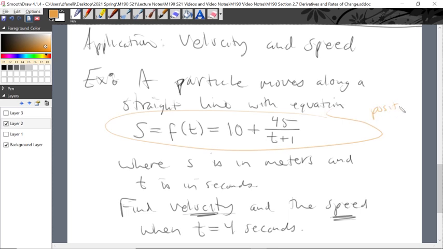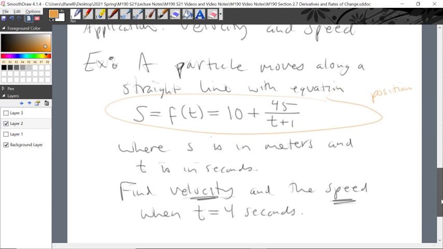So this is position. When t is equal to 0, if we plug 0 into this, we would get 55. And so 55 would be the initial position of the object. It could be 55 meters relative to the observer, or relative to some other point of reference.